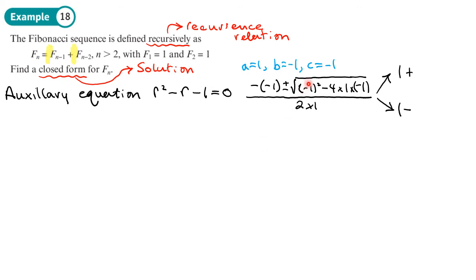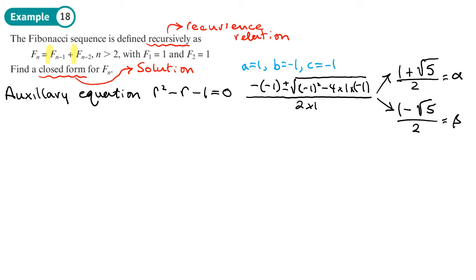The bit underneath the square root, well, that's just going to be 1, and that'll become plus 4. So 1 plus 4 is 5, so we have root 5, and all over 2. So these are my values of alpha and beta. So I've got 2 real roots.